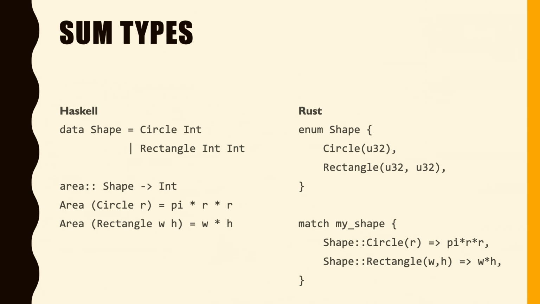So I enumerate my variants, circle and rectangle, and specify the variables I want to bind these to. This is really nice because it allows me to handle these variants in a completely safe way. The language actively prevents me from misinterpreting my data.